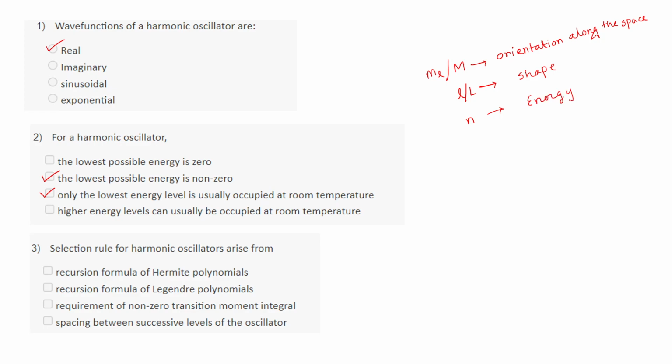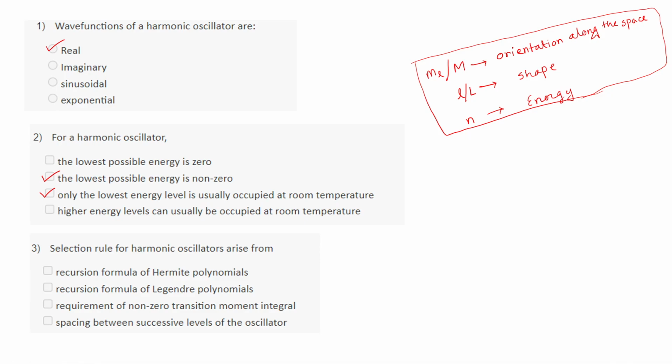So these are what each quantum number gives you. In a rigid rotor, m also will give you the orientation of the orbital angular momentum, and L will give you the shape.